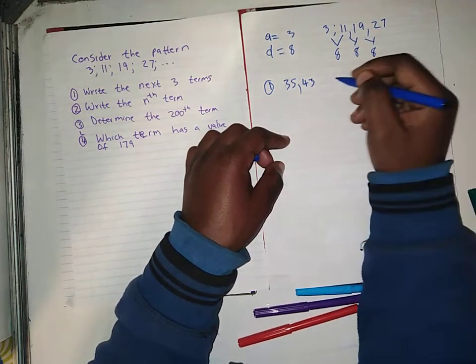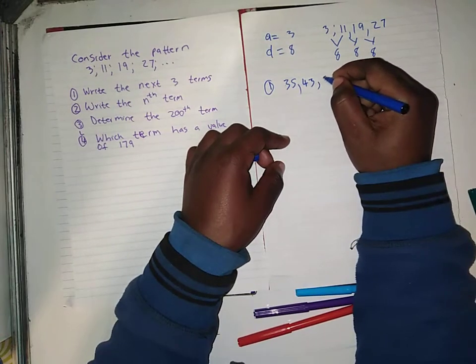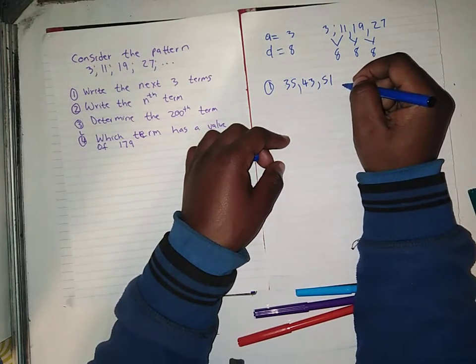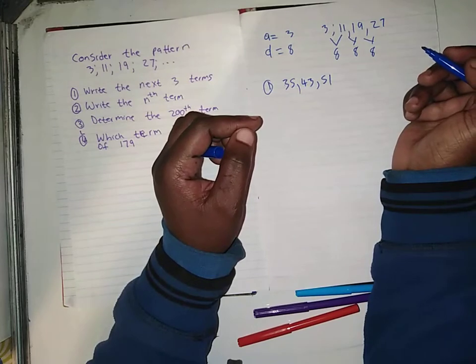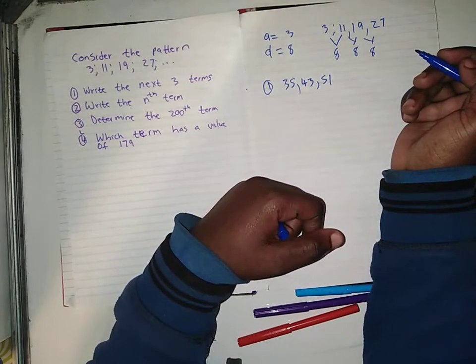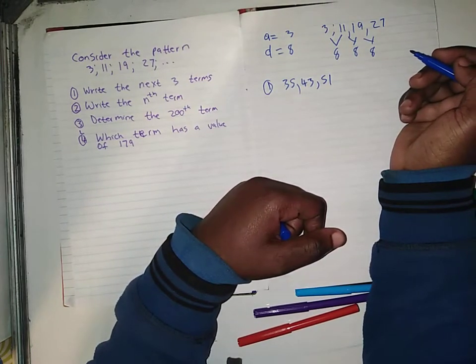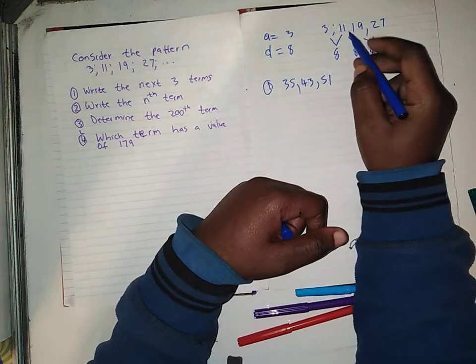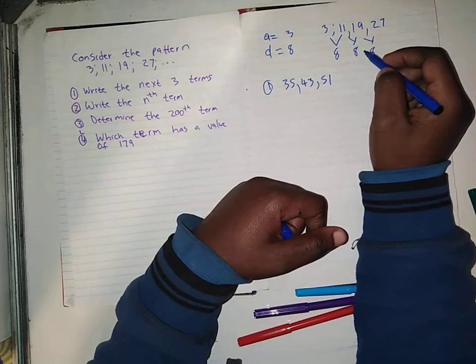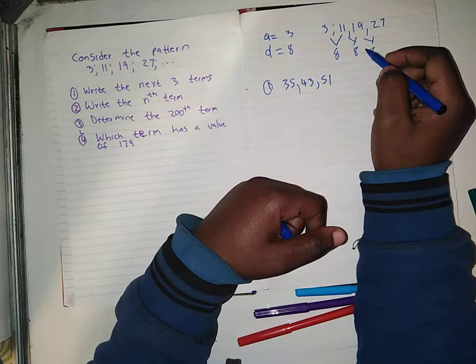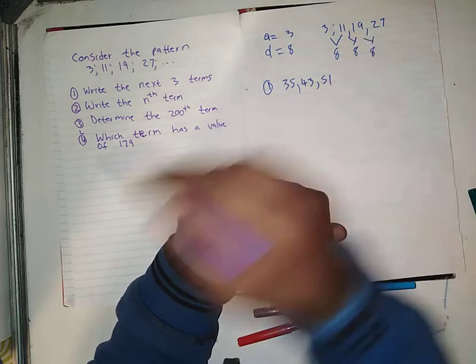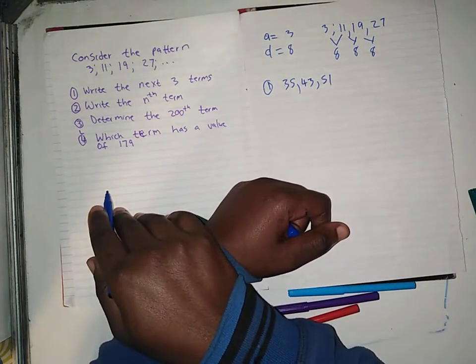And then 43 plus 8, what do you get? You get 51. That's it. You've got the next 3 terms by simply recognizing the differences between the consecutive terms. And that's it. So question number 1 is done.